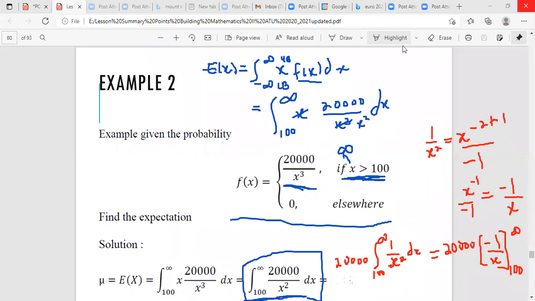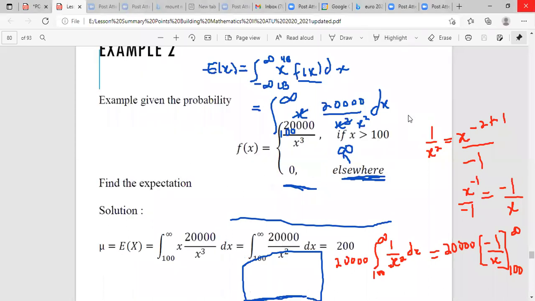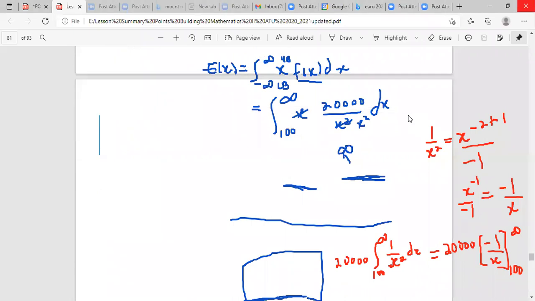Let me go to the next page and continue there.